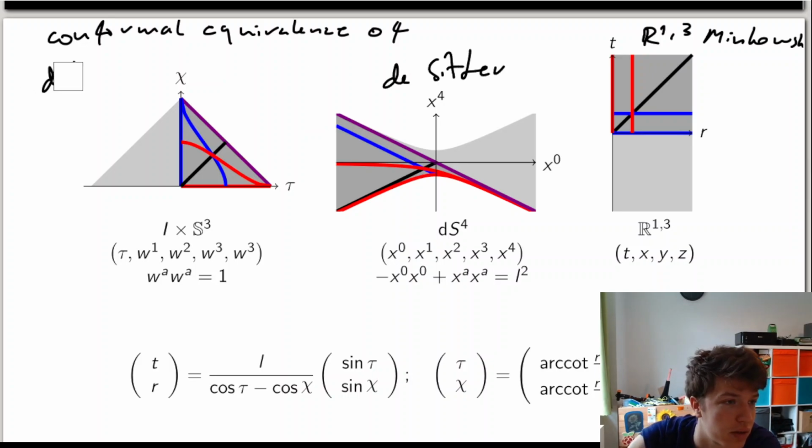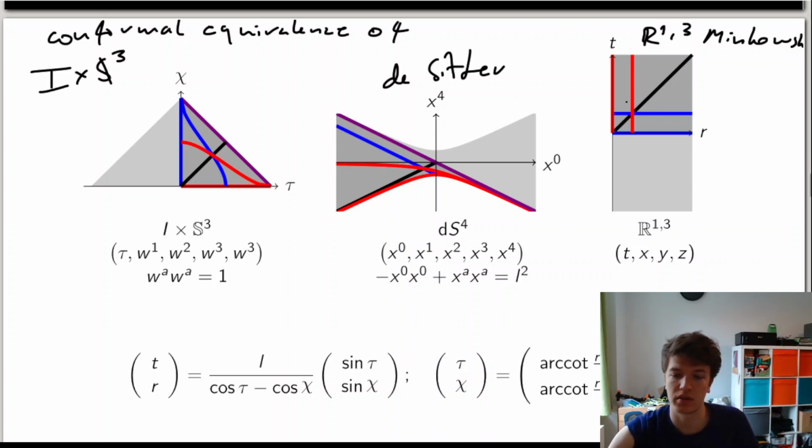And here this is not explicitly de Sitter, but it's an interval times the 3 sphere. So those are all four-dimensional manifolds, and we have the coordinates of those.